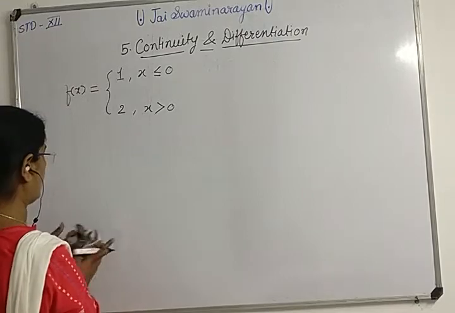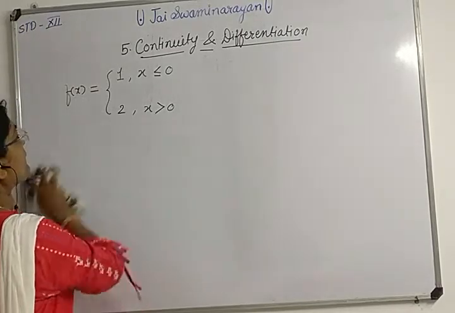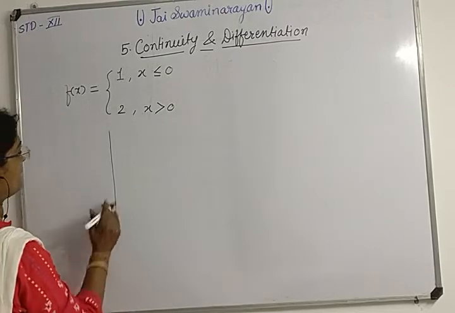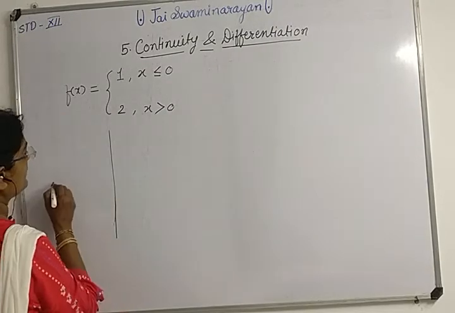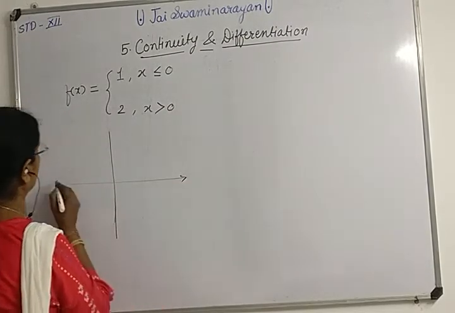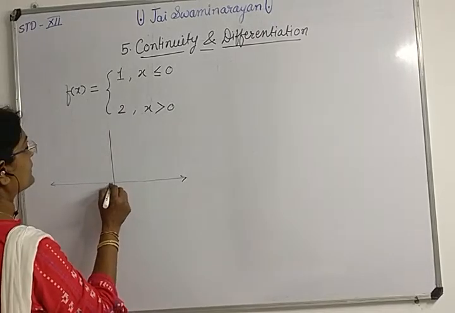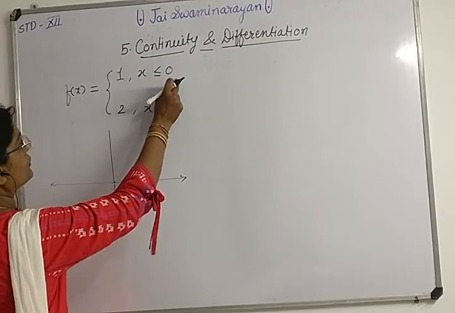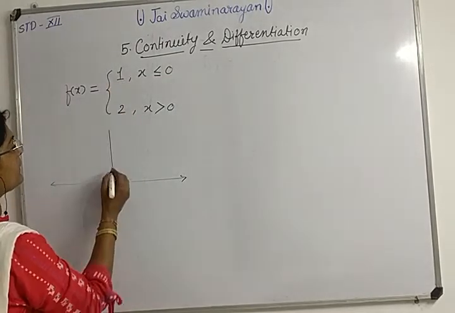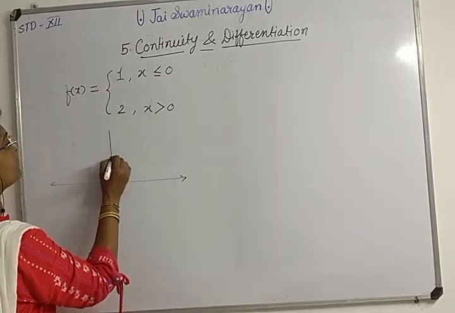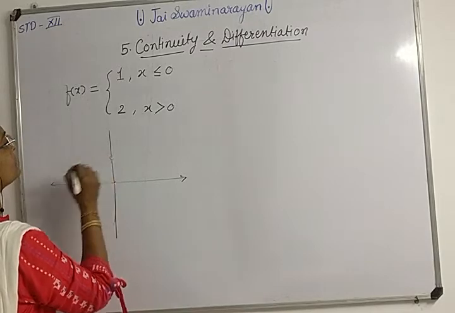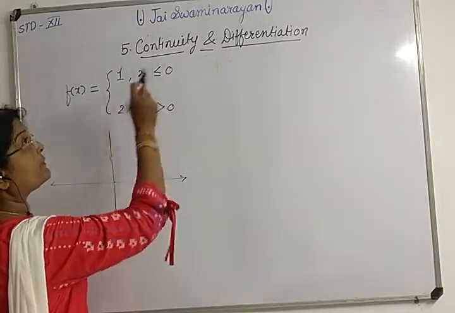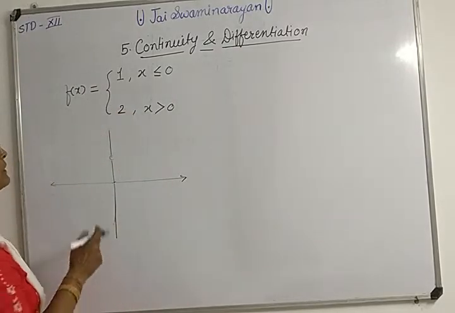So how to draw this graph? Graphically we can show this as, suppose this is our y-axis and this is our x-axis. Now we are drawing the graph. For x equal to 0, the value of y is 1. At this point, the value of x is 0 and y is 1, for x less than or equal to 0.